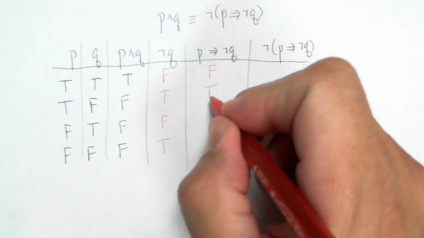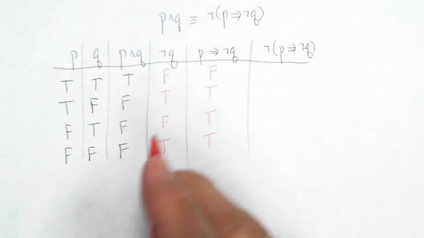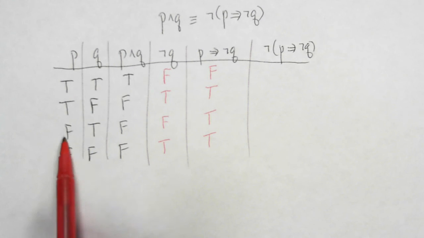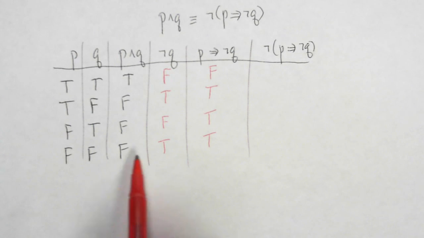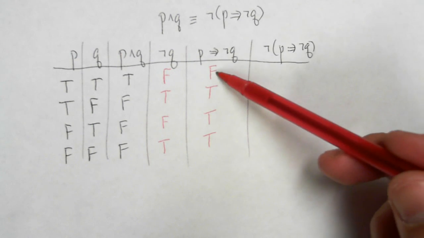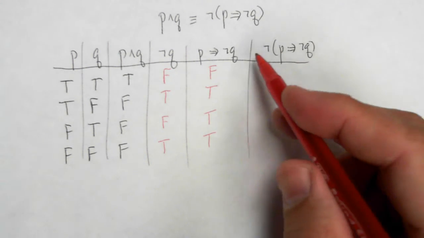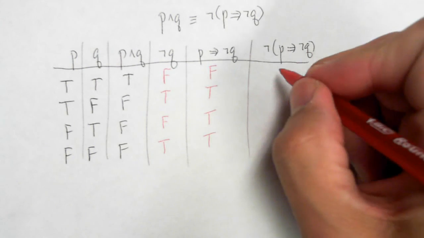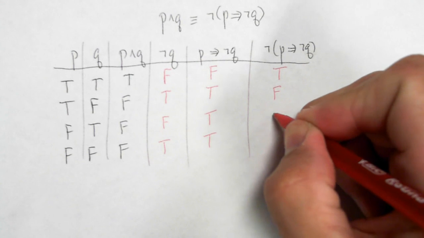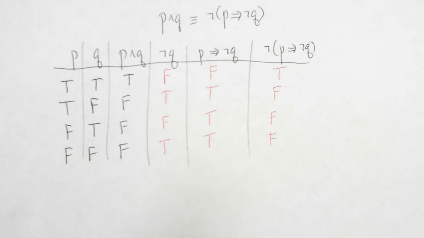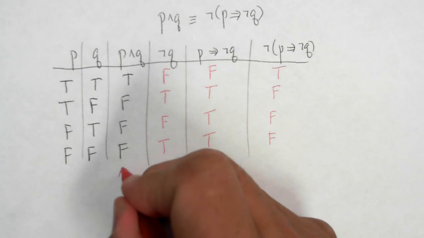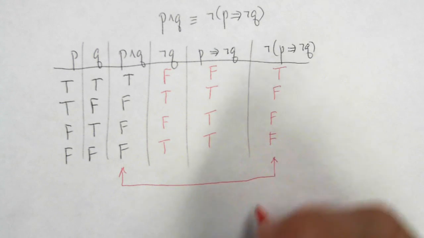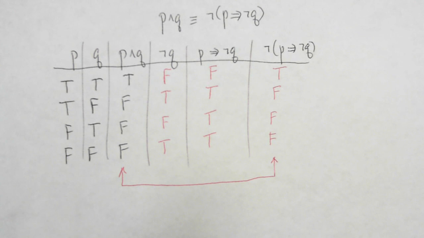All of the others are acceptable. So a true statement can imply a true statement, a false statement can imply a false statement, and a false statement can imply a true statement. So false, true, true, true. And then finally I take the negation of this column and I get true, false, false, false. And so these two columns are the same, and that shows that these two statements are equivalent.